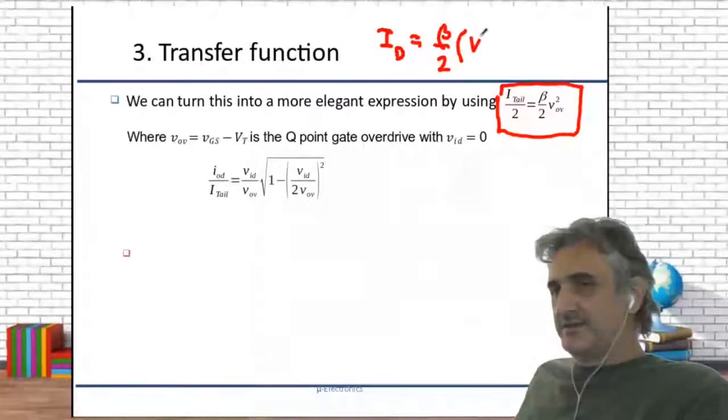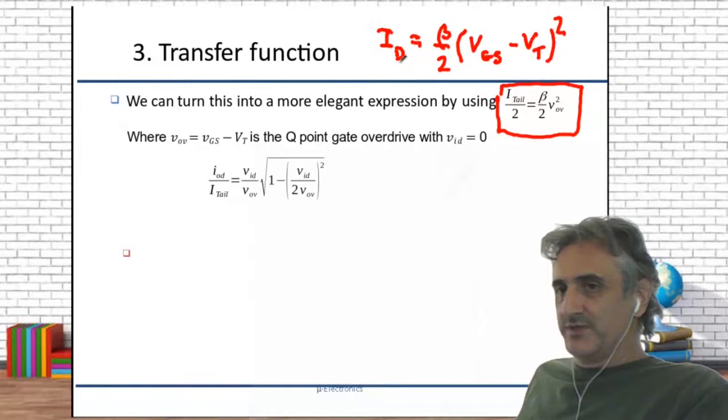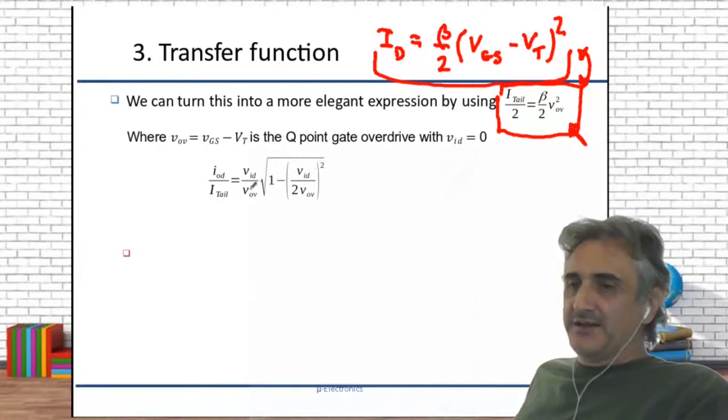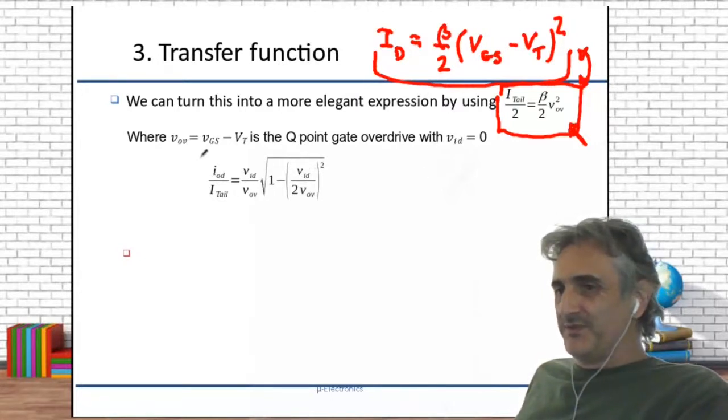And the overlap squared is just VGS minus VT squared. Okay, these two expressions are the same. But this one looks much nicer. Okay, then using this expression, we can rewrite the previous equation as this.